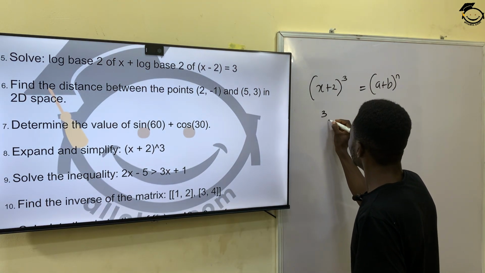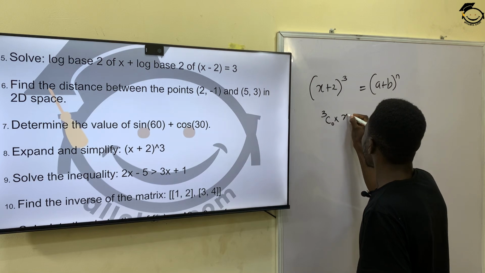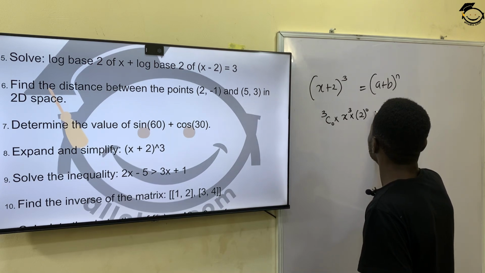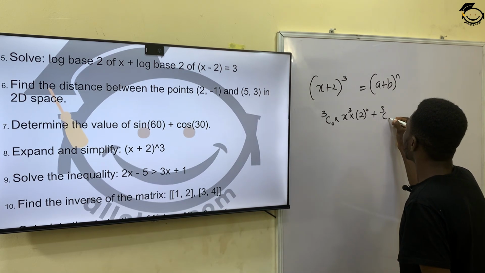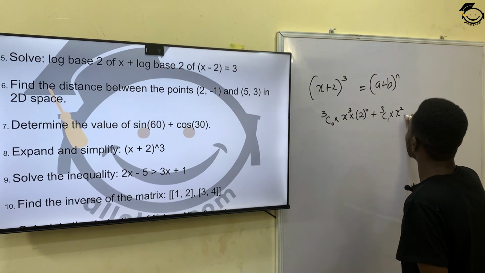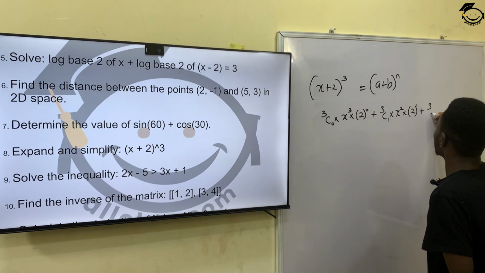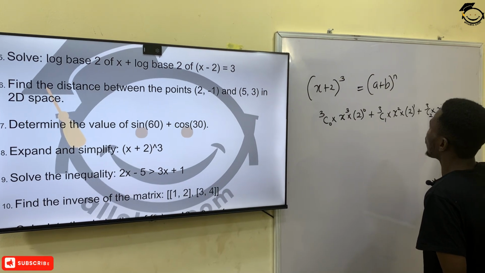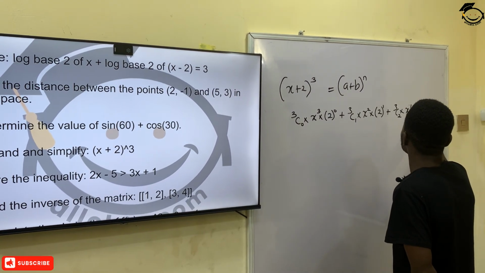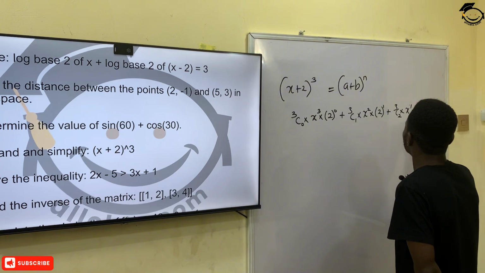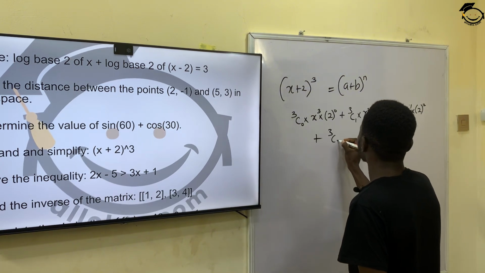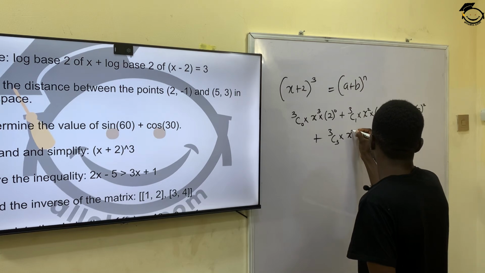me 3 combination 0 times x raised to power 3 times 2 raised to power 0, plus 3 combination 1 times x raised to power 2 times 2 raised to power 1, plus 3 combination 2 times x raised to power 1 times 2 raised to power 2, plus 3 combination 3 times x raised to power 0 times 2 raised to power 3.